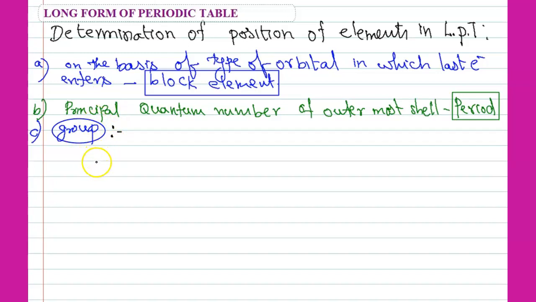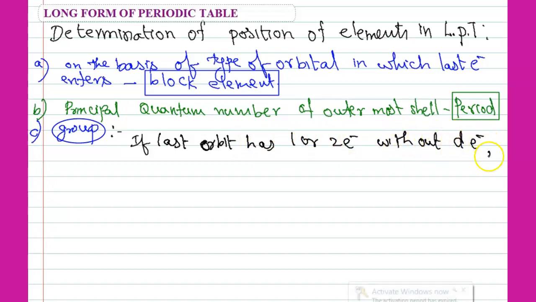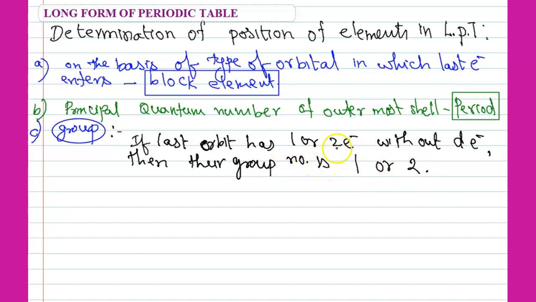If the last orbit has 1 or 2 electrons without d electrons, then their group number is either 1 or 2.